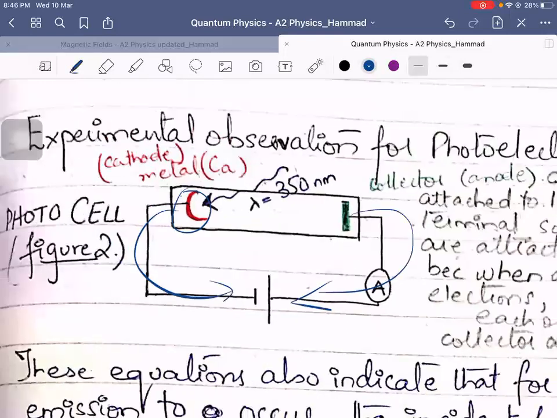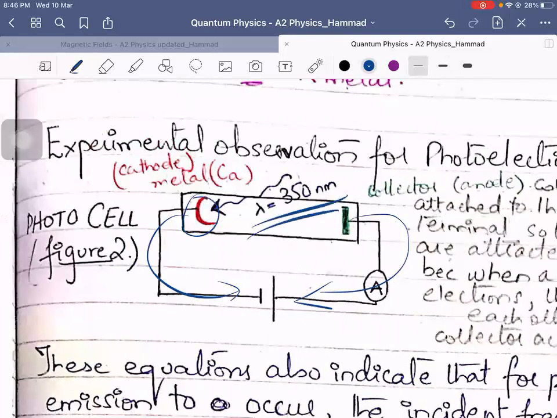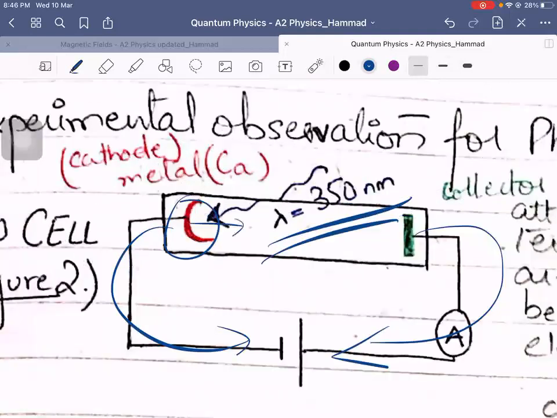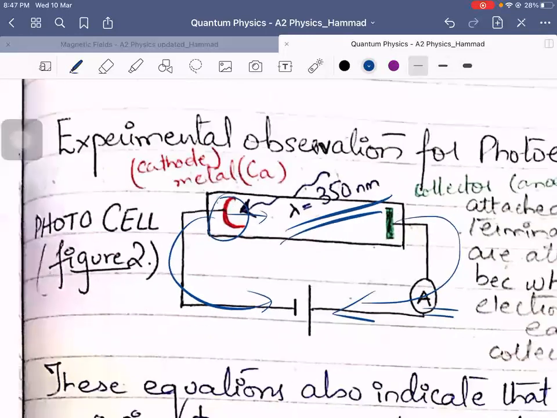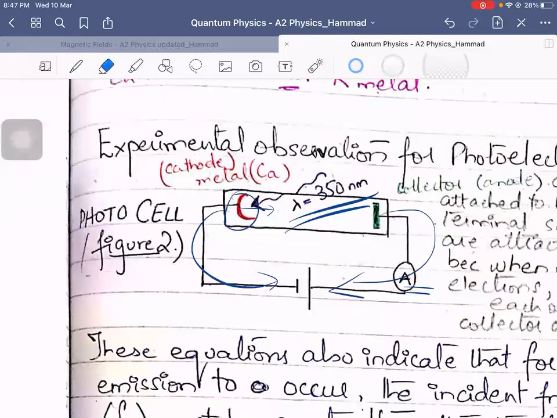And now light of a certain frequency was incident upon the metal plate, and it was noticed that at a certain frequency or a certain wavelength of the photon, there was emission of electrons witnessed. The ammeter started to give a reading value, and therefore a photocurrent came into existence.